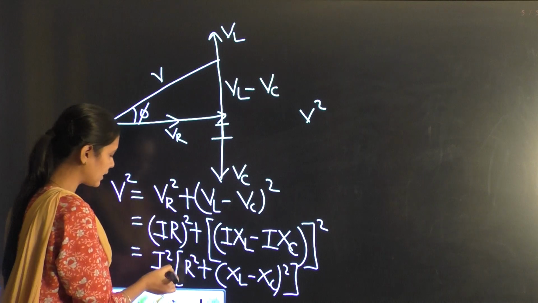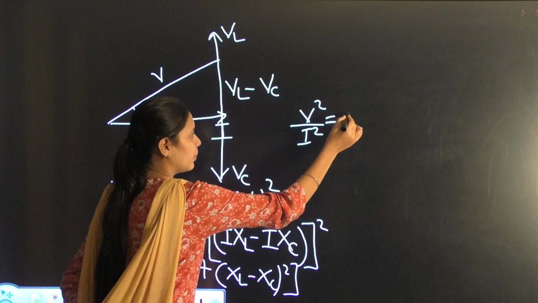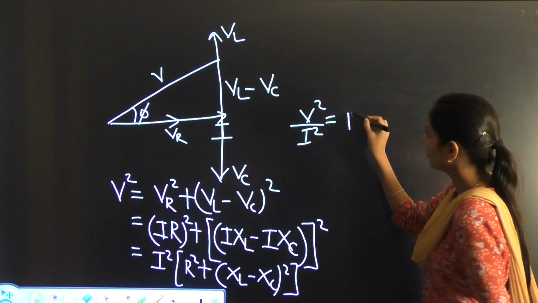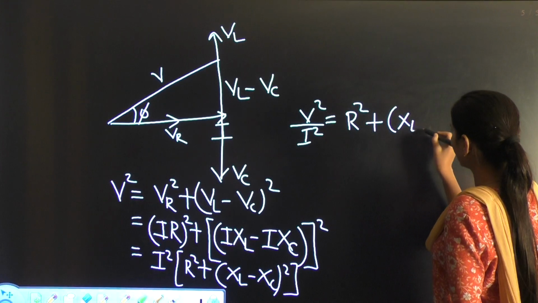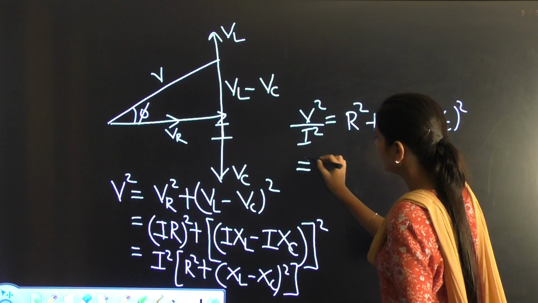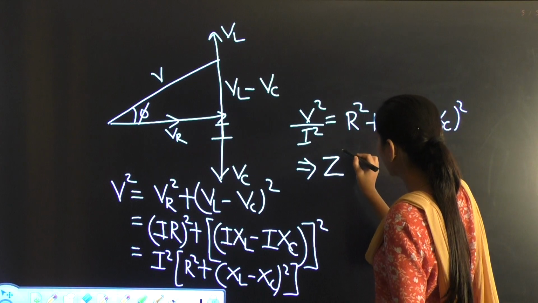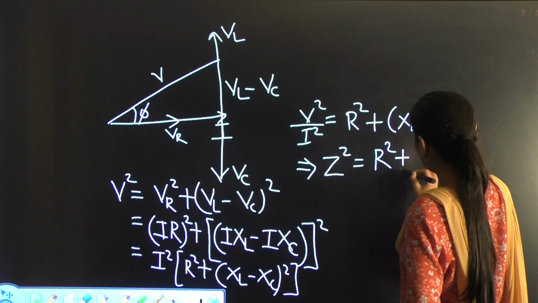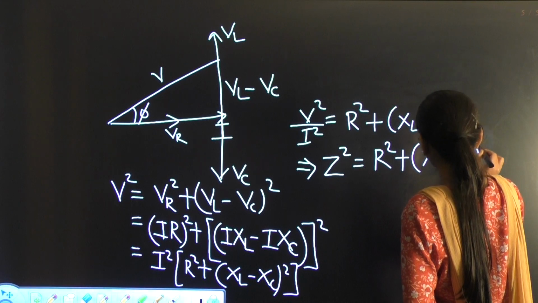Taking I square to this side, V square by I square will be R square plus XL minus XC whole square, and this V by I ratio gives me the impedance, that is Z. Z square will be equal to R square plus XL minus XC whole square.